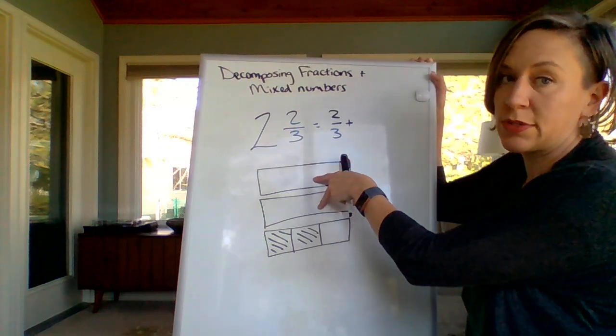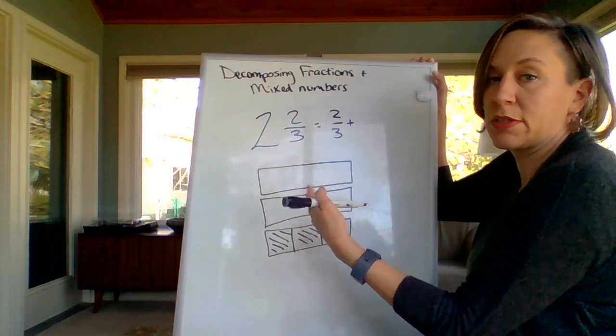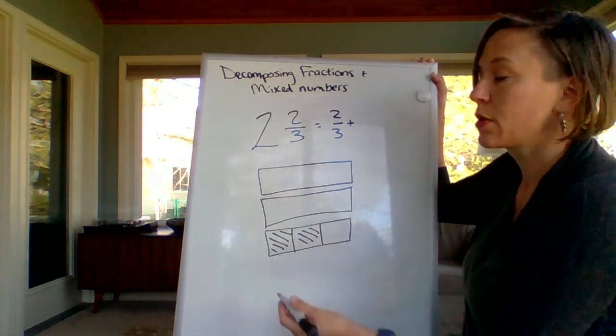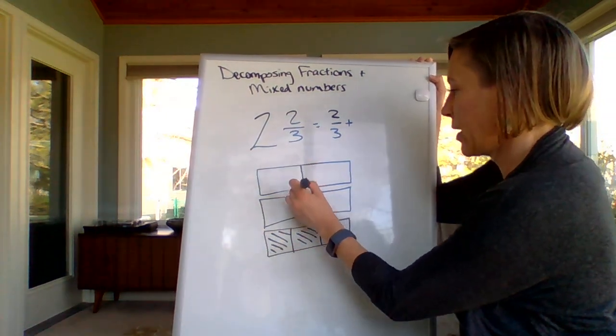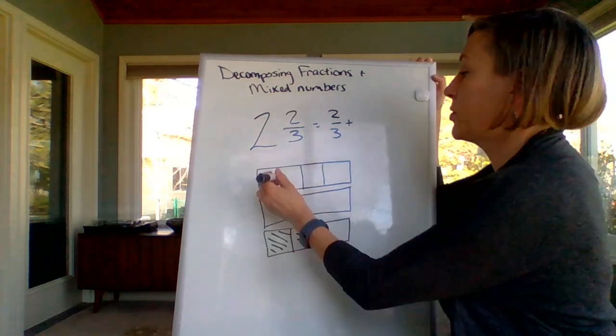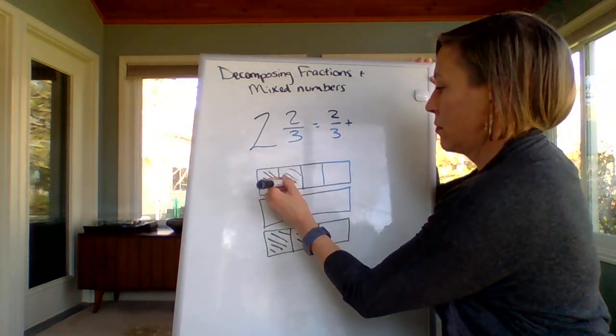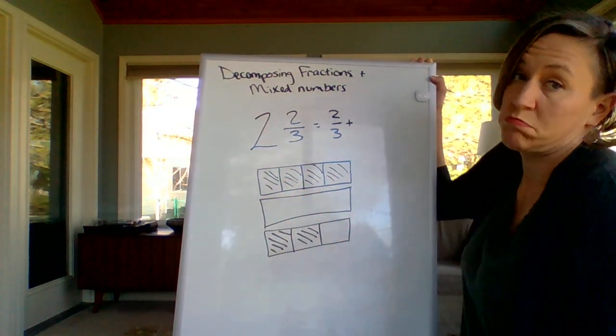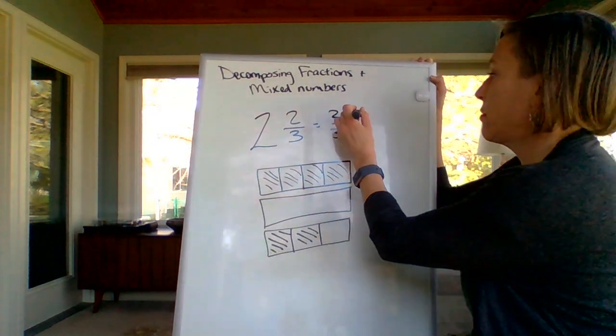I need to be able to break those down into something, and it doesn't really matter as long as whatever you're writing up here is going to equal 2 wholes. We can do that one at a time. So I could split this one up into fourths if I want to. I've got to shade in the whole thing. That's 4/4. I could take them 2 at a time if I wanted.